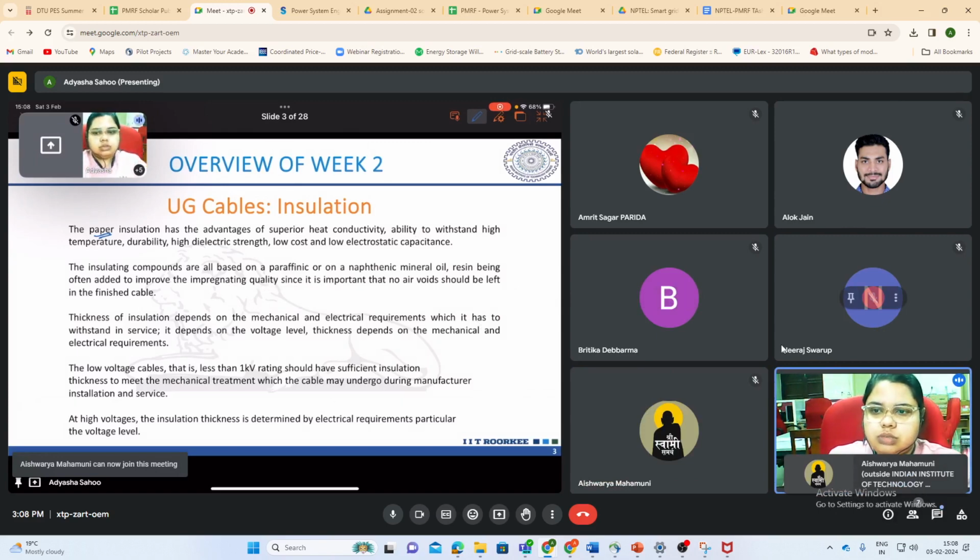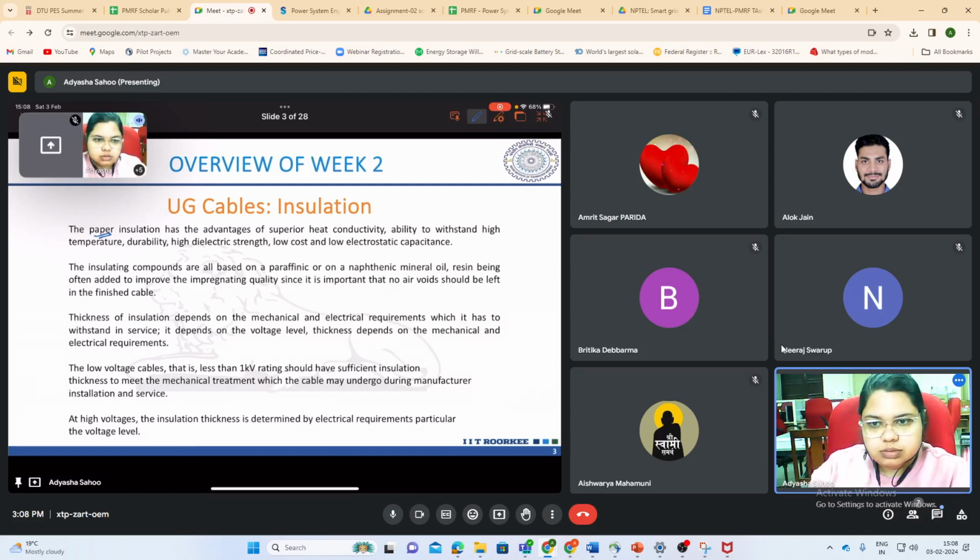The most commonly used insulating material for underground cables is paper, due to its advantages. Firstly, it has superior heat conductivity, followed by its ability to withstand a higher amount of temperature. We know that these cables will be laid under the ground where the environmental conditions are harsh.